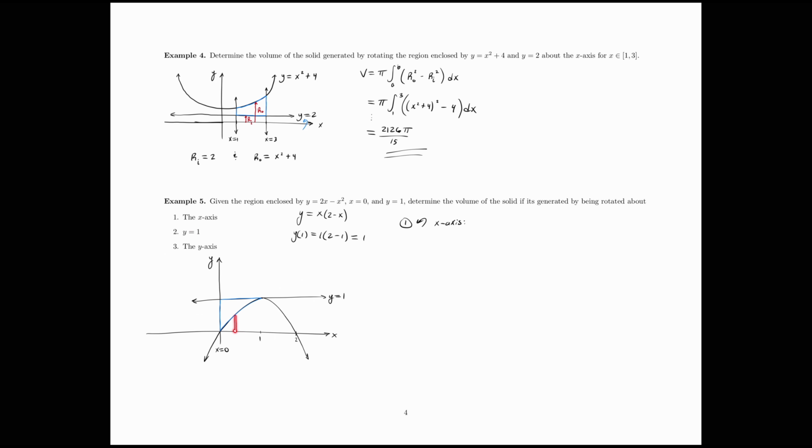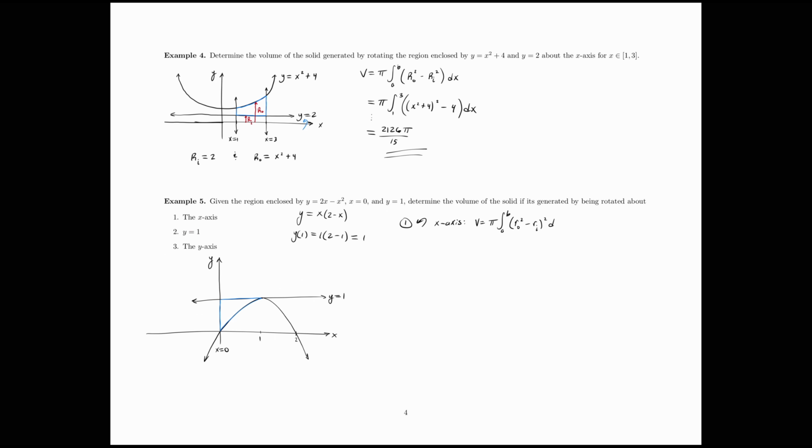So this would be our inner radius. So our inner radius appears to be the y value for this parabola. And then the outer radius appears to be y equals 1. So this is a washer, so the volume would be pi times the integral from a to b, the outer radius squared minus the inner radius squared.